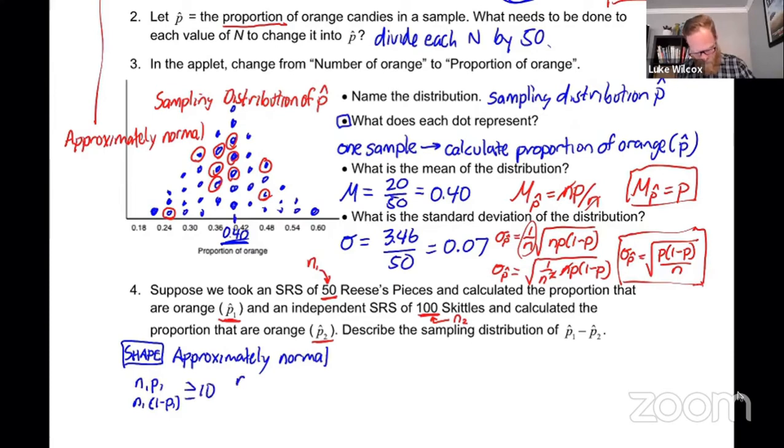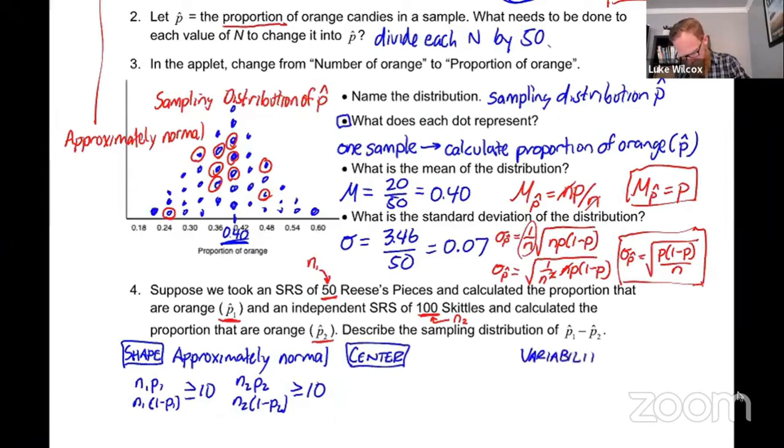But we also have to check it for the second sample: n2 p2 and n2 times 1 minus p2 have to be greater than or equal to 10. If all four of those are true, we can say this sampling distribution is approximately normal. Okay, next we're going to move to the center of this sampling distribution. And then in the end here, we will also get to the variability.